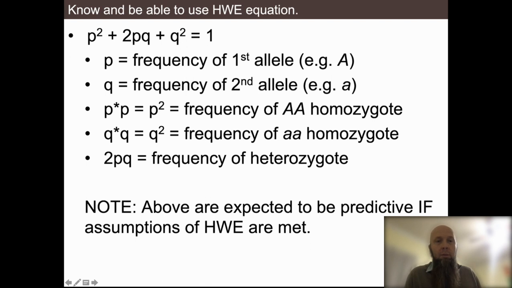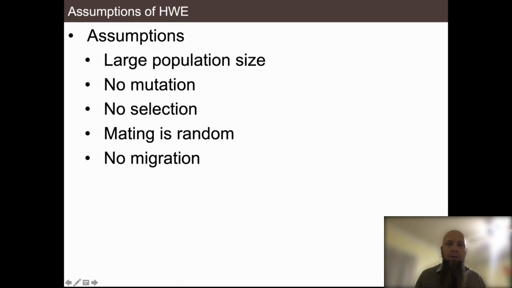Now, the reason we're talking about the Hardy-Weinberg equilibrium equation is because, as I told you, this is kind of a null hypothesis. The assumptions associated with this equation are that the population that follows its expectations would have to be a very large population, with no mutation in the population, no selection, completely random mating, and no migration.